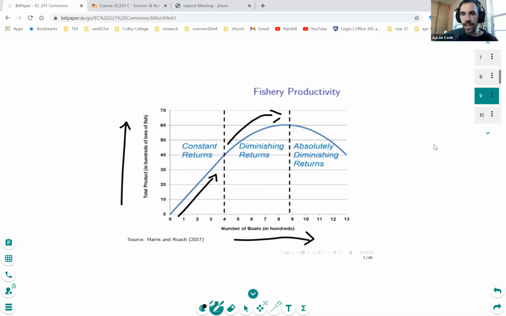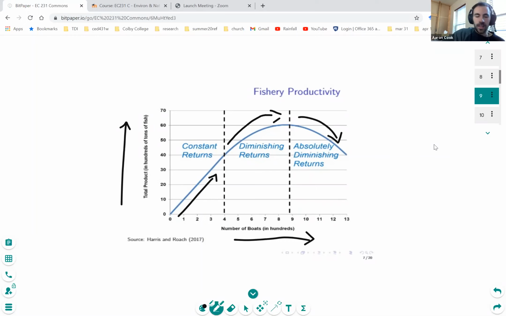That's where it gets harder to find the fish. And then after a while, you get to a point where you're fishing to such an extent that you're reducing the capacity of the fishery to replenish itself, and you're actually getting less total output even as you're adding more boats to the fishery.